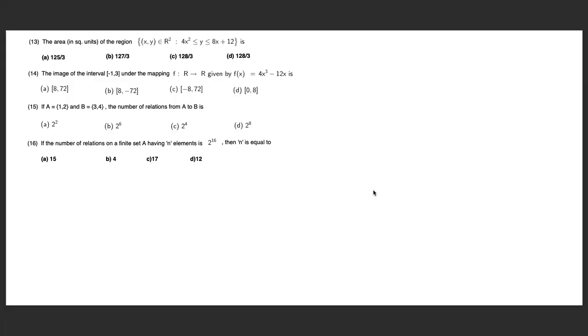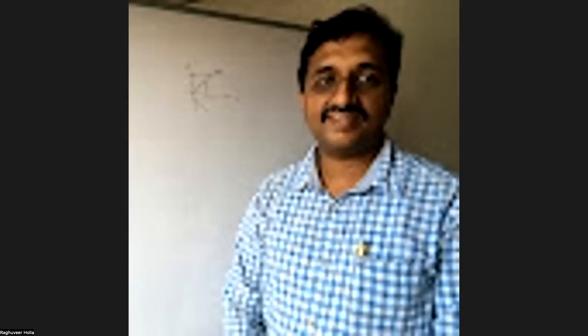Here, the number of relations on a finite set A of n elements is 2 to the power 16, so what will be the value of n?